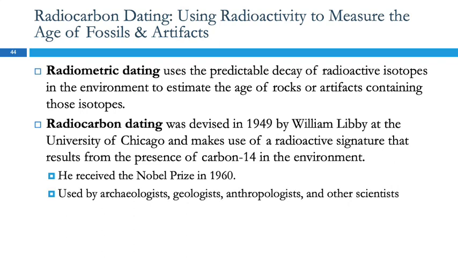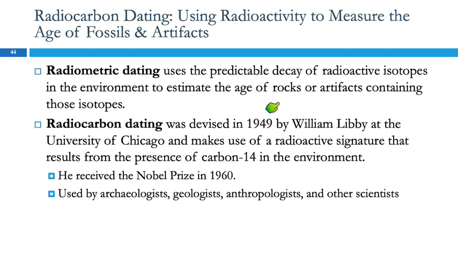So radiocarbon dating. We can use radioactivity to measure how old things are. Radiometric dating means using radioactive isotopes to measure the date or the age of something. We're using predictable decay of radioactive isotopes naturally occurring in the environment.